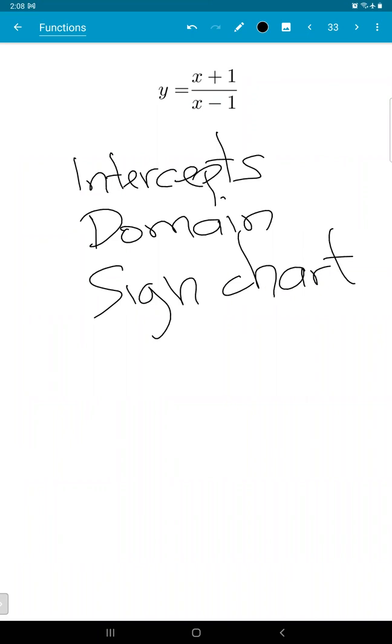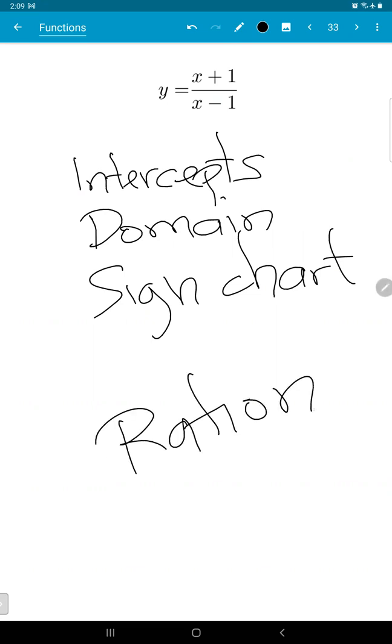So again, there are similar steps, the same steps for graphing a polynomial like intercepts, domain, and sign chart. But what one more step is needed for graphing a rational function? There's one additional step that is needed.